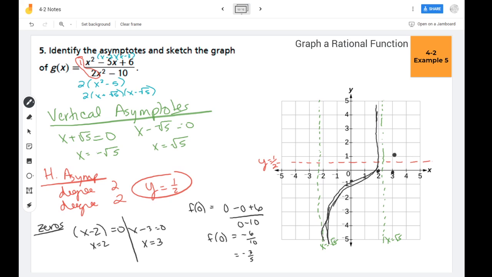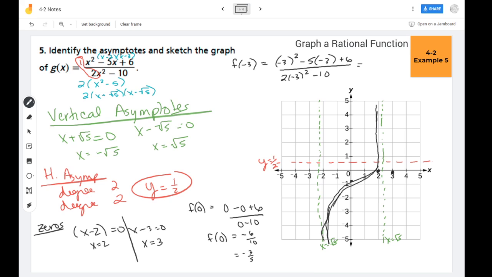And then I need to check my other values here. So I'm going to check out -3. So if I plug in -3 into my function, I have -3 squared minus 5 times -3 plus 6. And then down here, 2 times -3 squared minus 10. So let's try that. So -3 squared is 9. -5 times -3 is a positive 15.